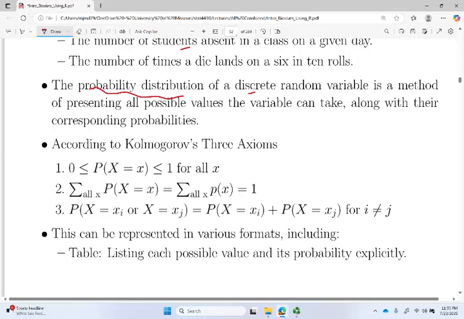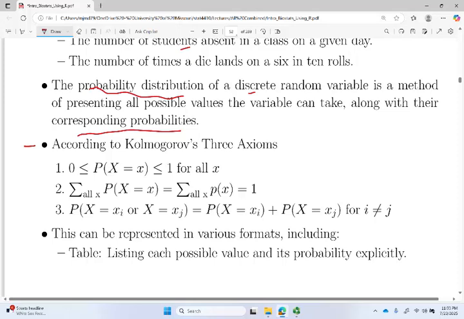One, the possible values that it can take on, and then a corresponding probability. That can be done in a table, with a graph, or with some sort of mathematical equation. Somehow, that's what we need to display or make understood.